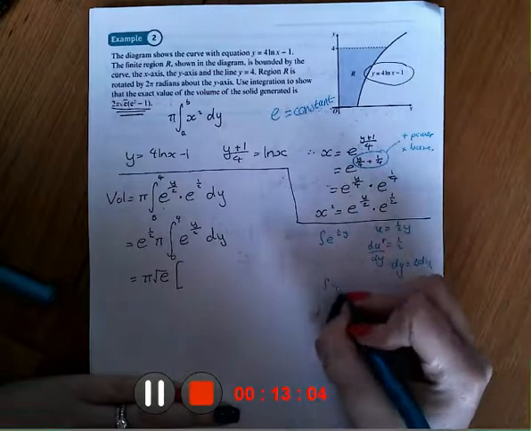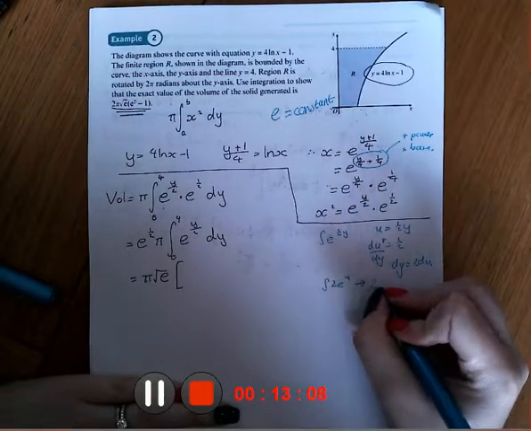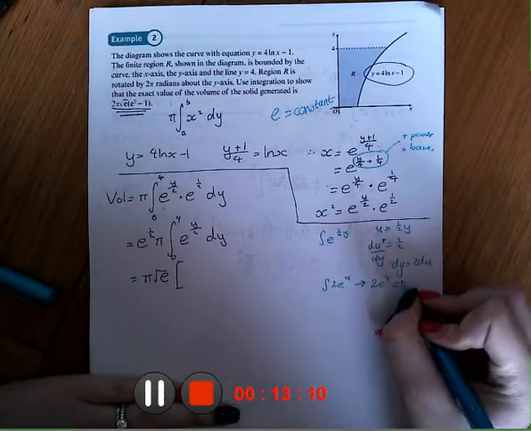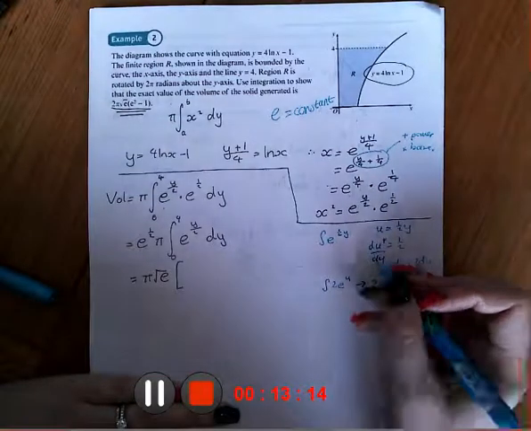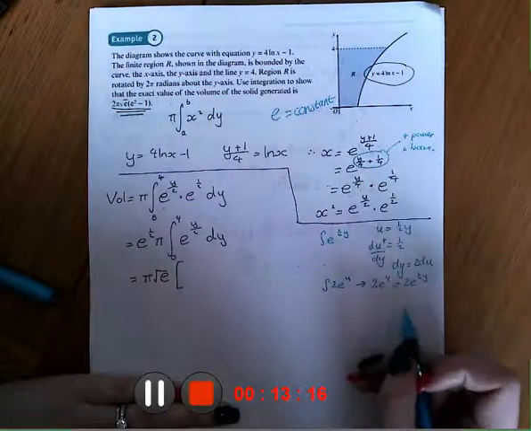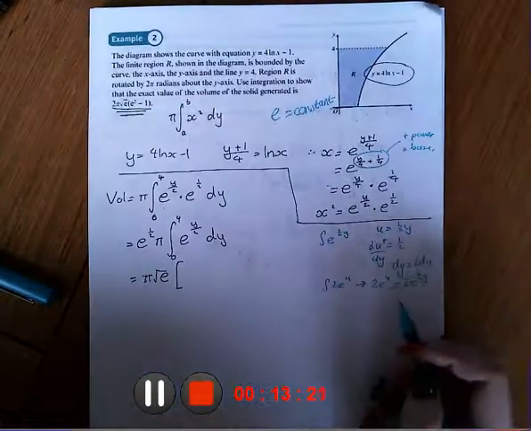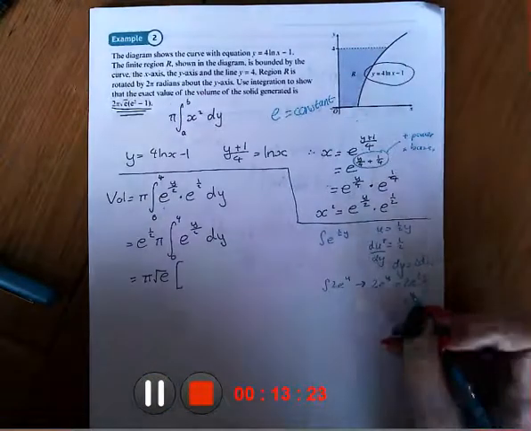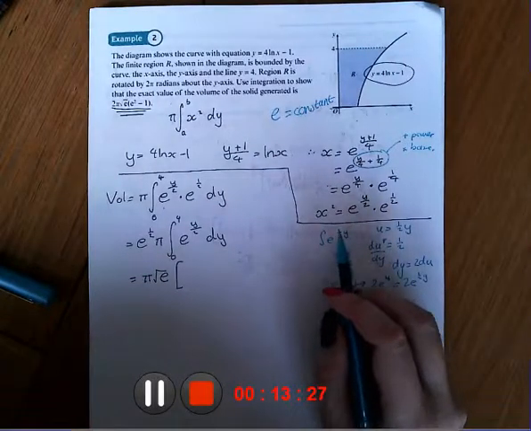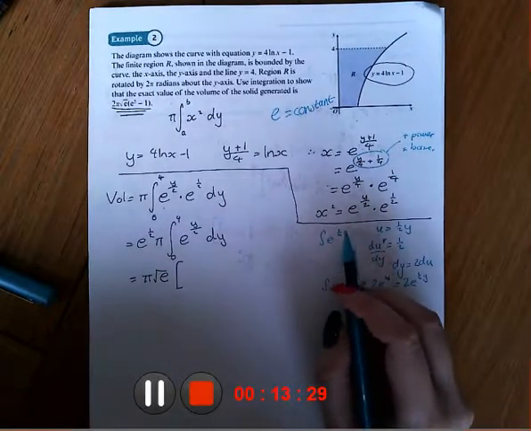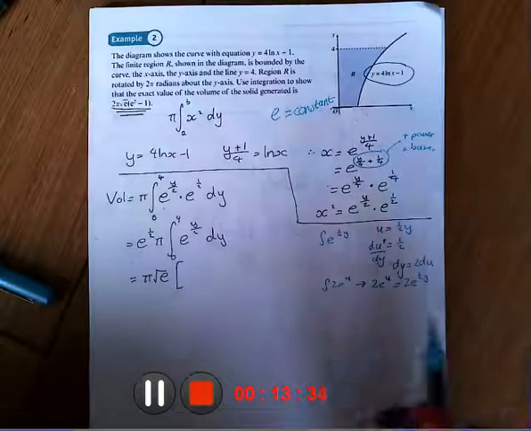So therefore what I'm actually integrating is 2e to the power of u, which then gives you 2e to the power of u, which is 2e to the power of a half y. So this is another one where this would be under reverse chain rule. That is a substitution question, but it's a substitution question they want you to learn off by heart. So if you're doing e to the power of any linear function, it's 1 over the derivative of the linear function times by e to the power of that.